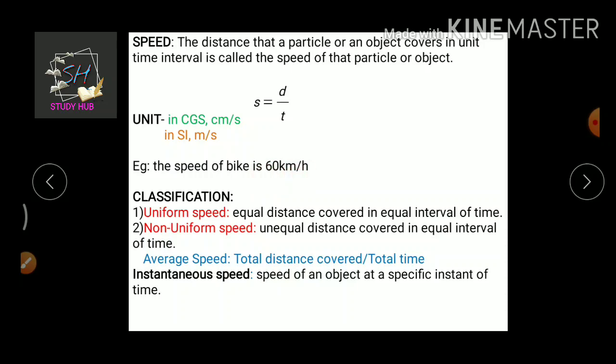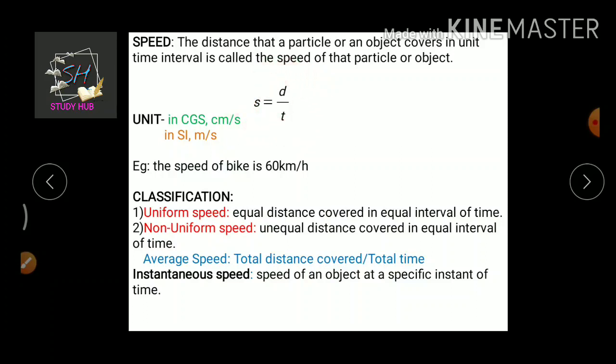Now the question is how to find speed. We just divide distance by time, then we get speed. As you can see here, S equal d by t. D means distance and t means time. S means speed. So from this mathematical equation we can derive its unit.